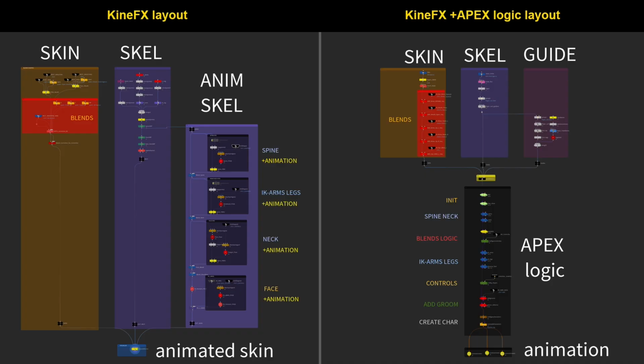If this column doesn't have anything, of course there will be no animation. It will be only skin, static skeleton in T-pose, and that's it. So that's the classical KineFX.